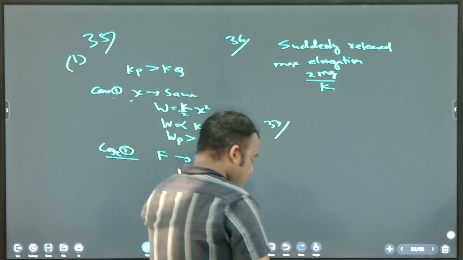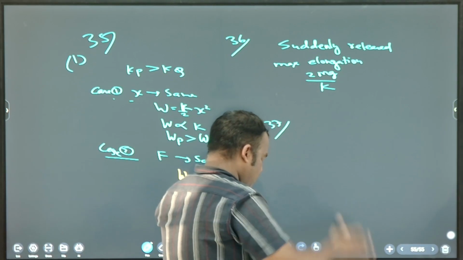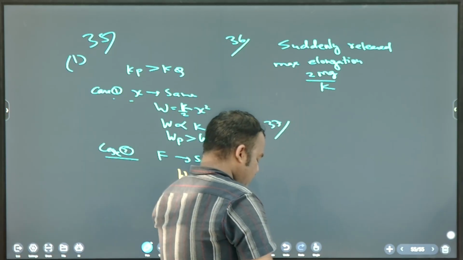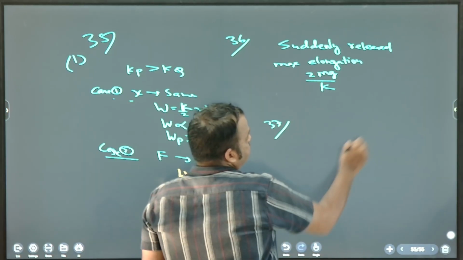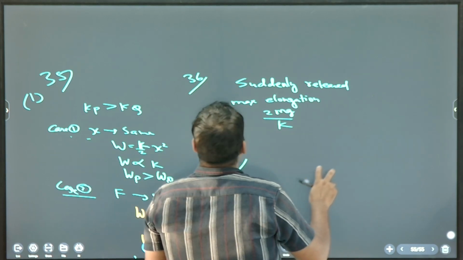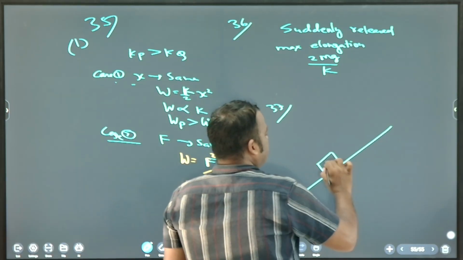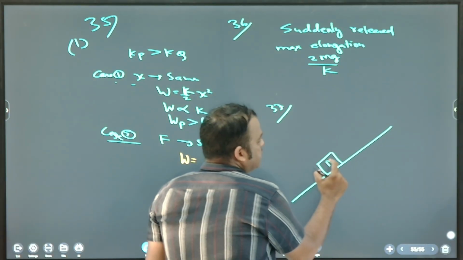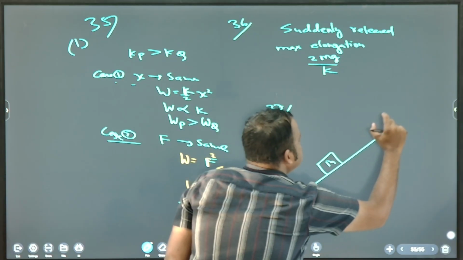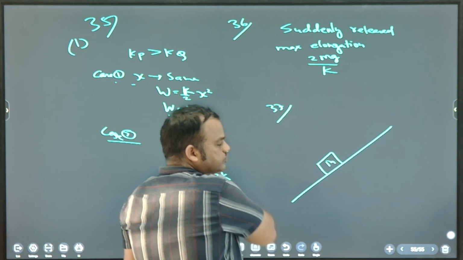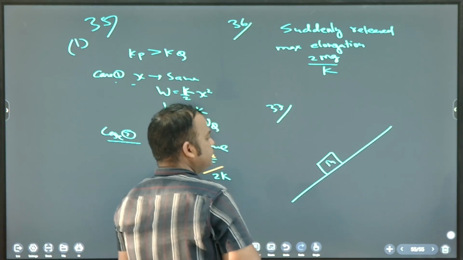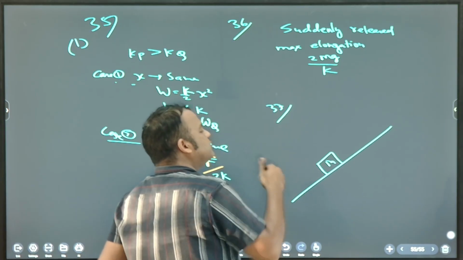300 joule work is done on sliding a 2 kg block up the plane. Work done against friction. So this is the block. You are sliding it like this. How much work is done against friction? Now how much is friction?